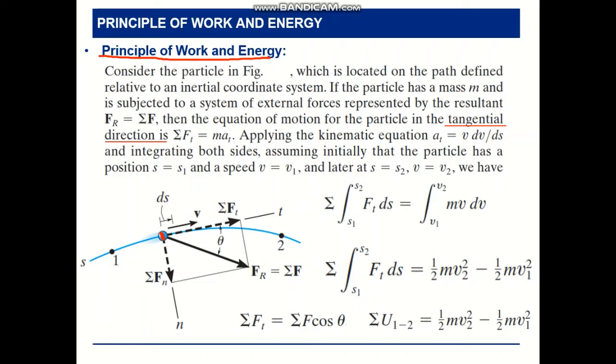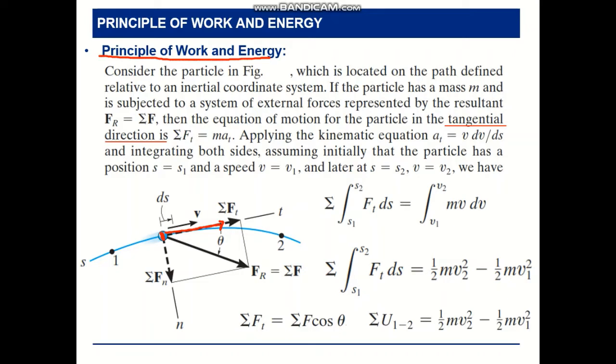We know the components are in the normal direction and the tangential direction. We know the radius of curvature is going to be constant, and the normal force is going to act like a centripetal force. But in the tangential direction, there's going to be energy loss or gain.